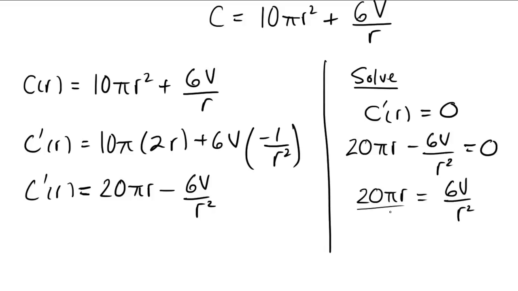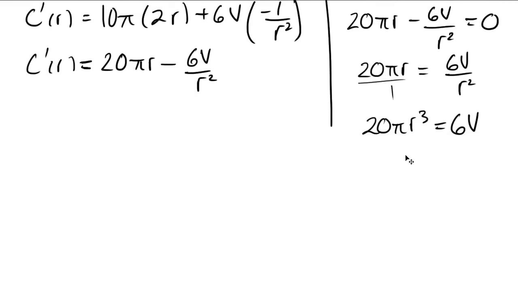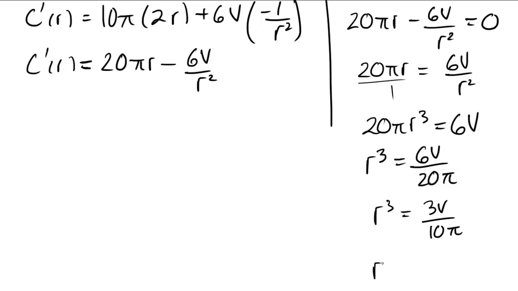I can think of this as over 1, and then I can cross multiply, right? 20 pi r times r squared is 20 pi r cubed. 6V times 1 is just 6V. And why don't I divide both sides by 20 pi? So r cubed is 6V over 20 pi. Divide both by 2. So it'd be 3V over 10 pi. And so r is the cube root of 3V over 10 pi.